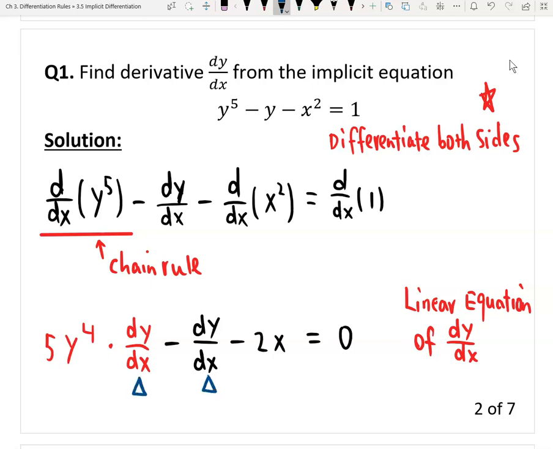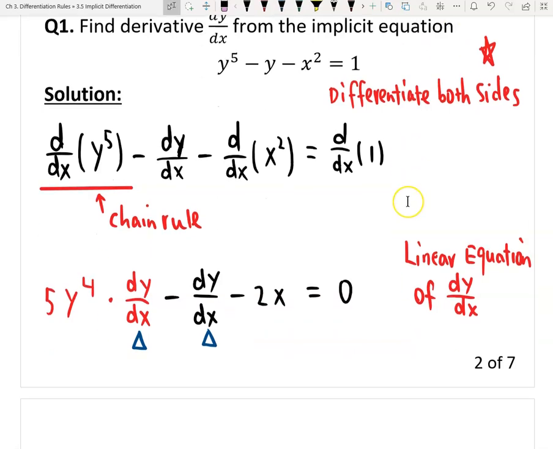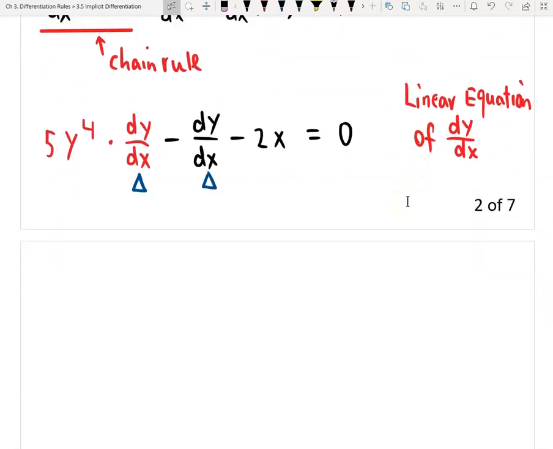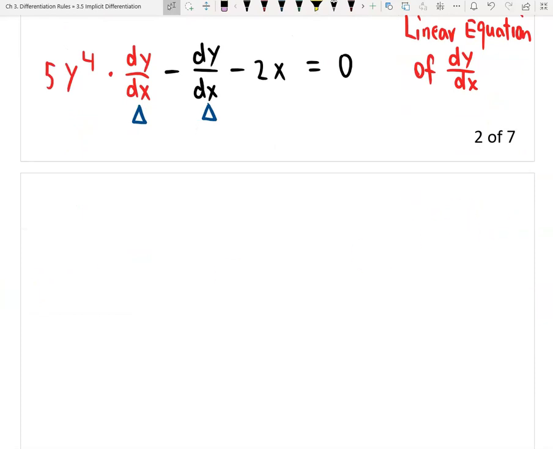Combine this variable together, which is combining like terms. We have two like terms, the first and the second. After we combine them together, see what I get.